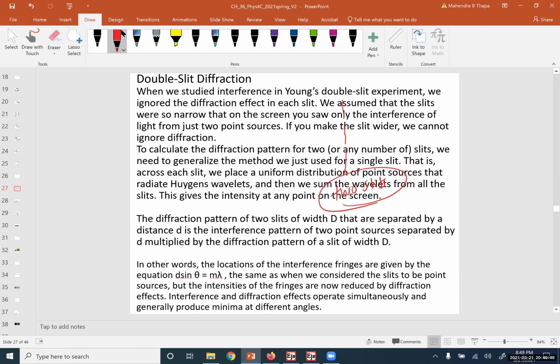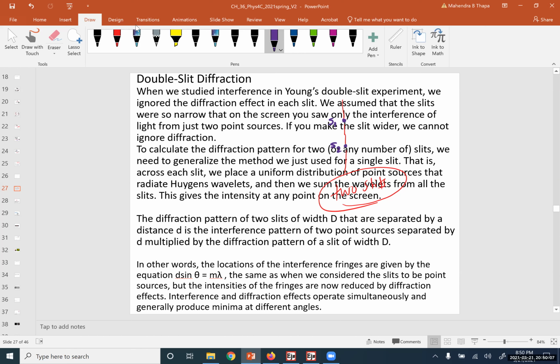This first slit and the second both behave as a source. This may be the source S1, this may be the source S2.